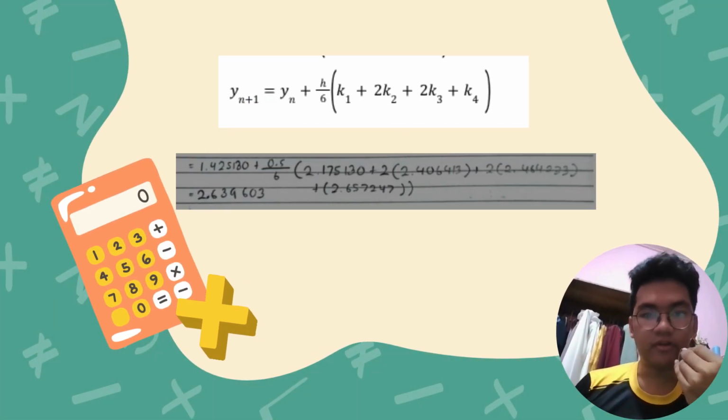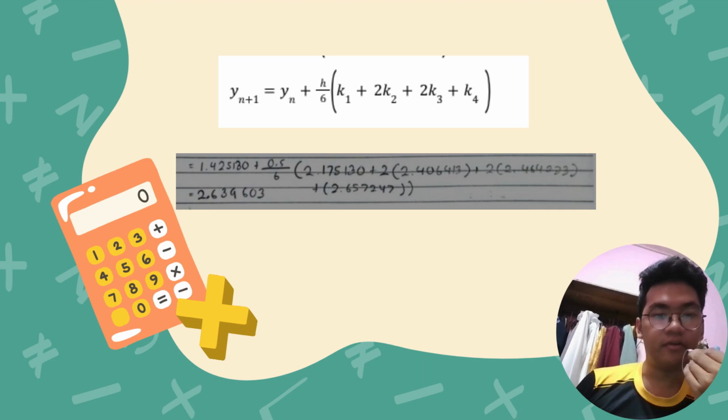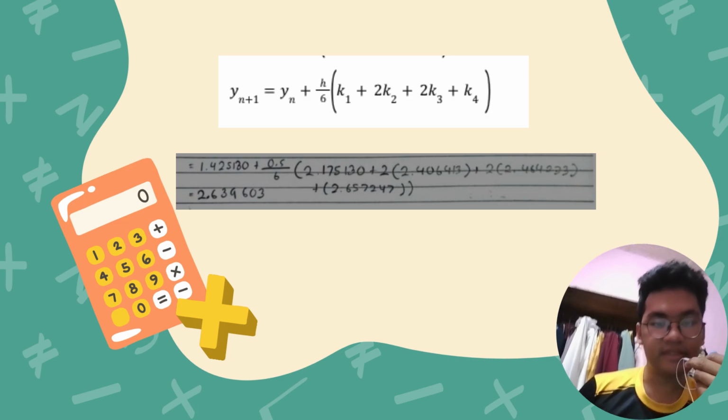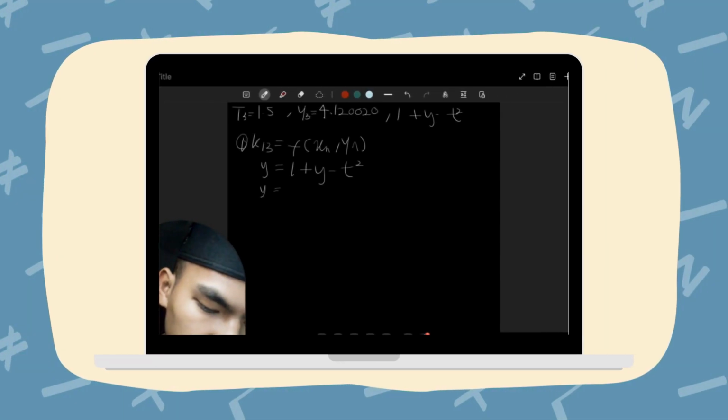After we get all the values of k1, k2, k3, and k4, we can find the value of y2, that is y2 equal to y1 plus h over 6 of k1 plus 2k2 plus 2k3 plus k4. Using all the values we get, we can calculate the value, that is 2.639603.